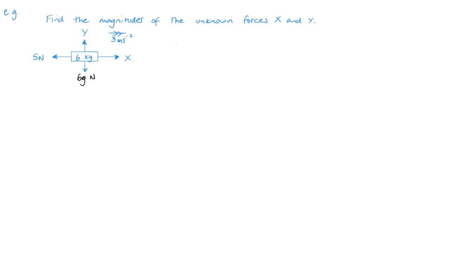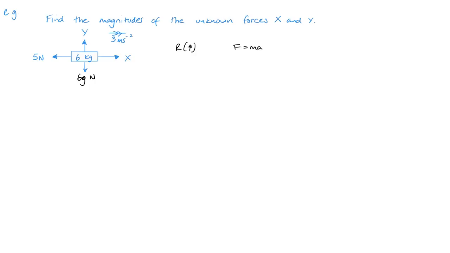So if I resolve vertically first of all, we're effectively using F equals ma, but we can ignore it in this case because this is only accelerating to the right. There's no vertical motion, so there's no acceleration vertically.